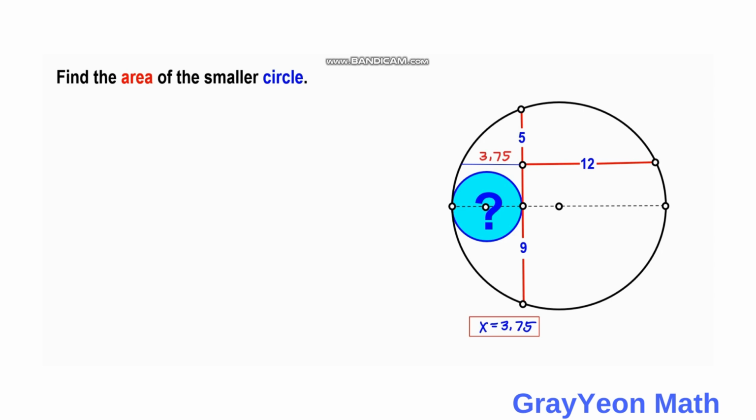Okay, so next is we get this length. So let's call this length y. So this y is a part of half of this 14 unit chord, when you add this 9 and 5.